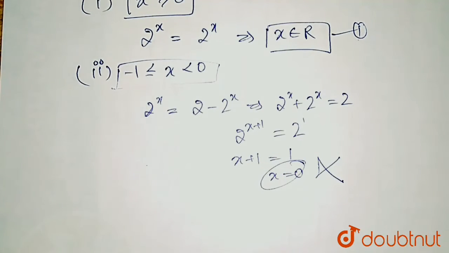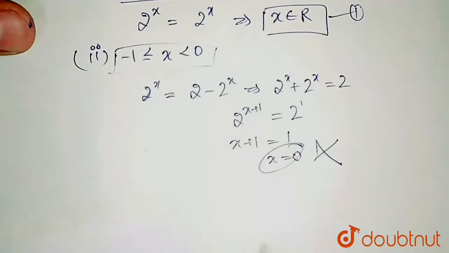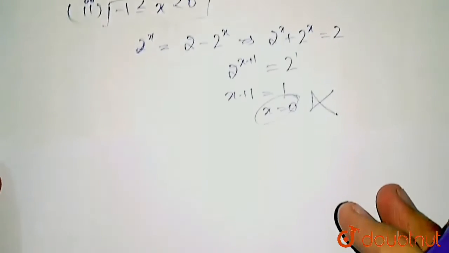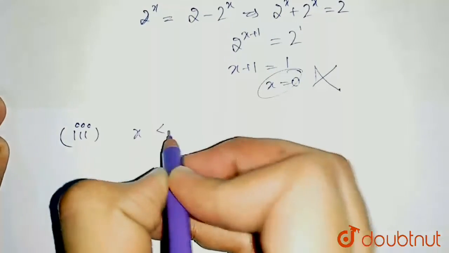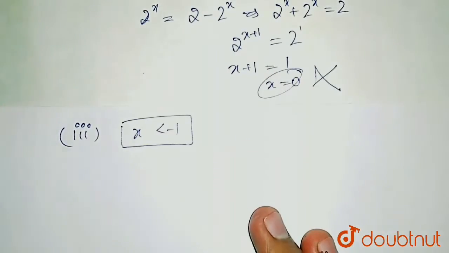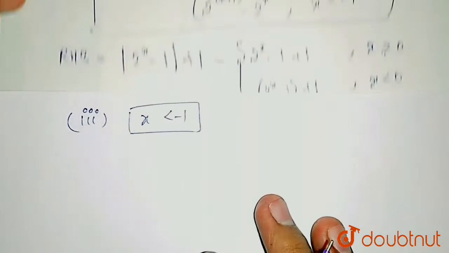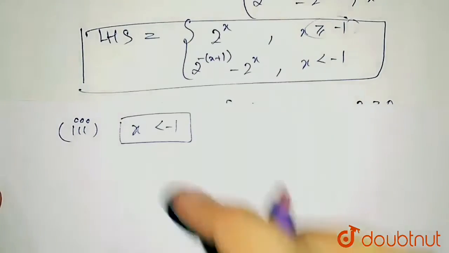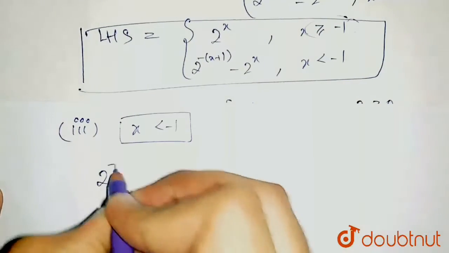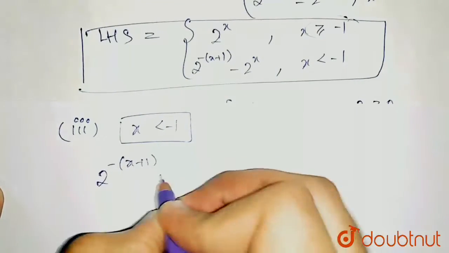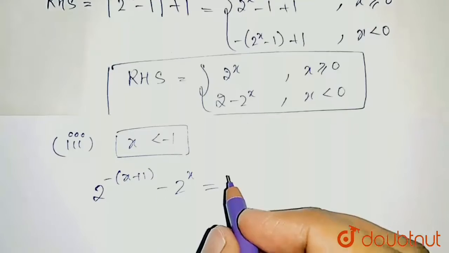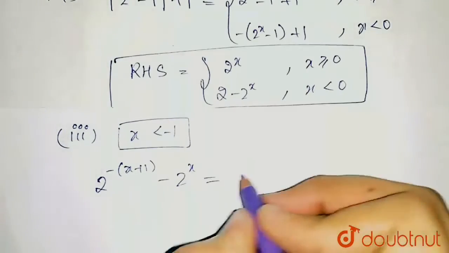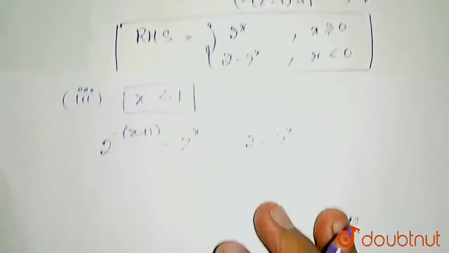Now the third case would be x less than minus 1. So for x less than minus 1, we will take LHS is equal to this, I am writing here, 2 raised to the power minus of (x+1) minus 2 raised to the power x, and RHS would be taken for x less than 0, that means this 2 minus 2 raised to the power x.